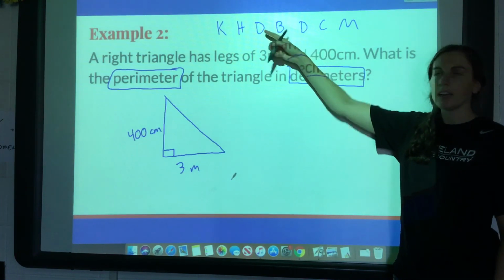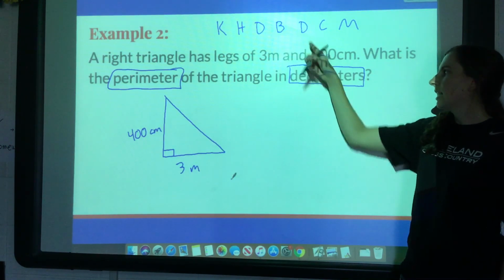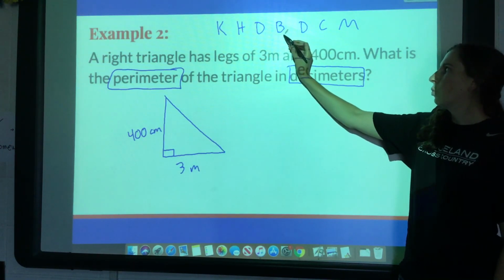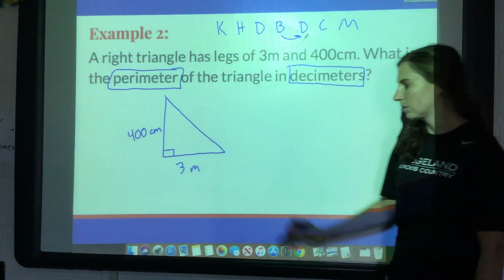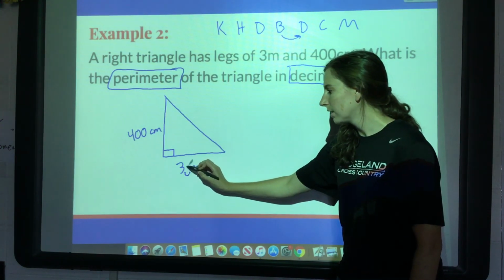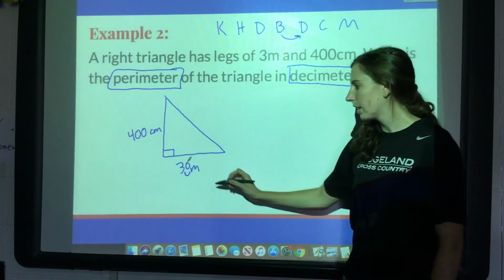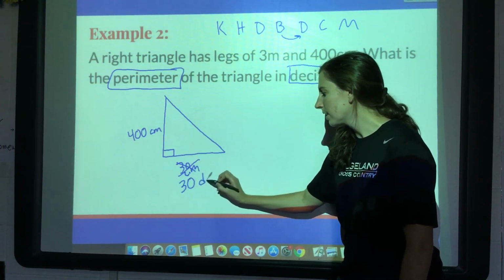That one's deca. So if I'm going from meters, the base unit, to decimeters, that's 1 step to the right. So the easiest way to convert this is just to move the current decimal 1 place to the right. That makes it 30. So this is now 30 decimeters.